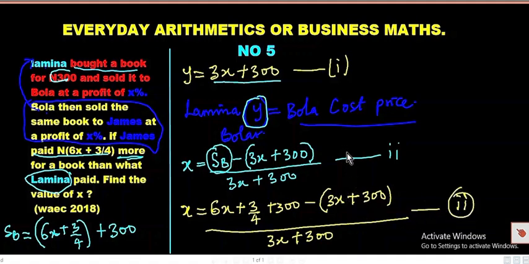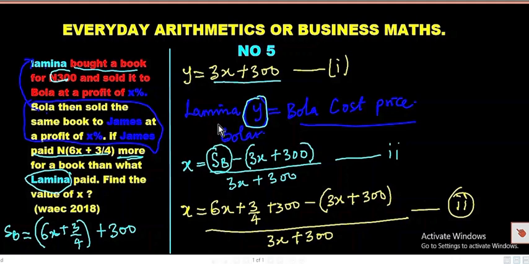Now, remember what happened. I have already done my substitution. In equation 1, I carried this and put it here. So I'm sure you know what I did from that part. What I'm going to do is to clear the fraction and tidy up the equation.